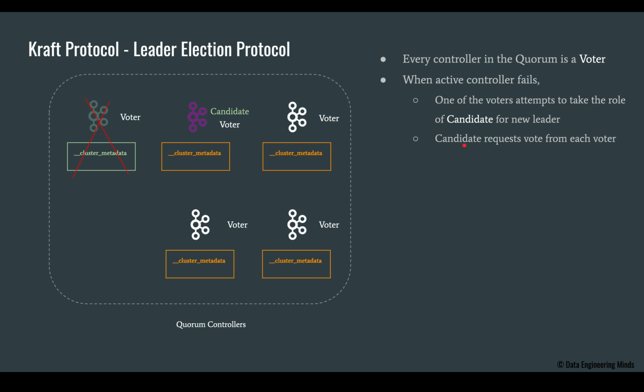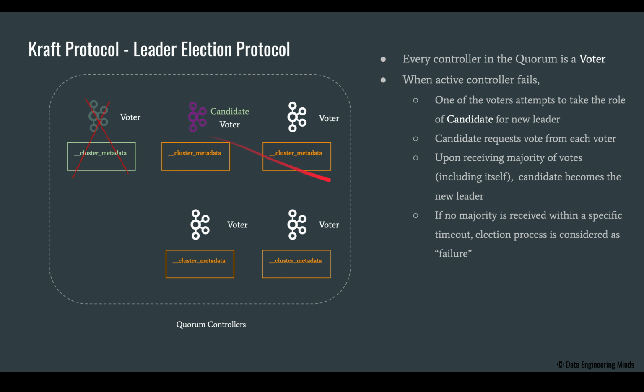If this candidate receives a majority of votes, including one from itself, then it will become the new active controller. If the candidate does not receive a majority of votes within a specific time period, then the election process for this candidate is considered a failure. Then another voter will attempt to take the role of the candidate, and the entire process repeats.